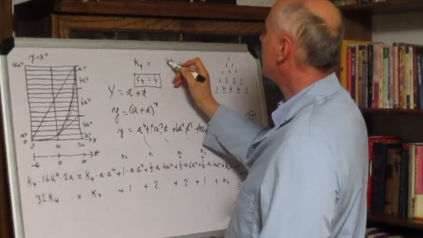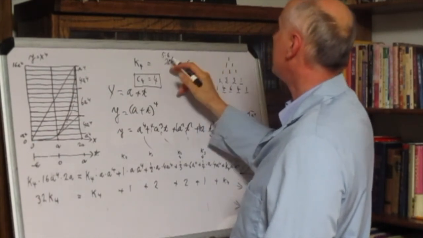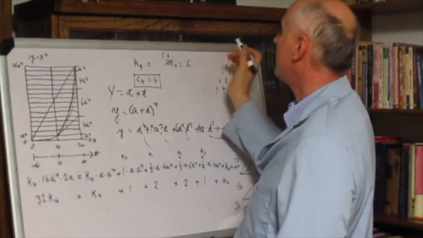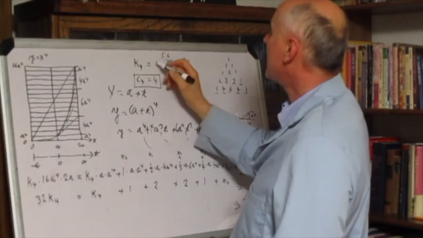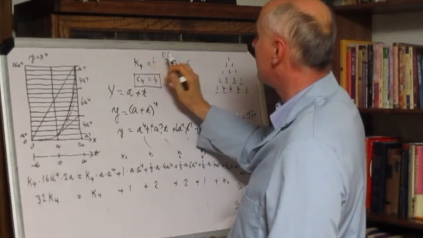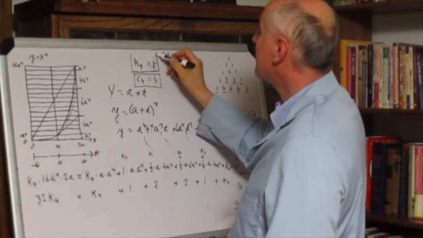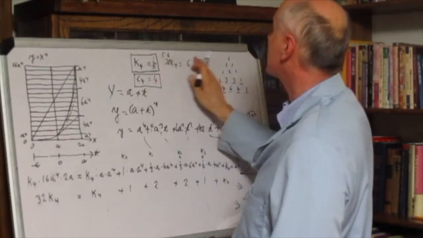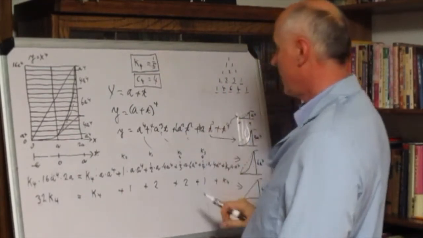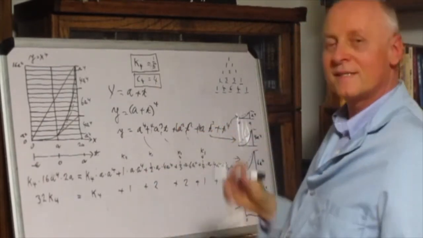Well, 30 is really 5 times 6, and look, the 6 will cancel out, you'll have a 1. So the whole thing is K4 is 1/5. 1/5, not 1/4. And that's expected, and that's even something that Cavalieri found himself. So there you have it. One equation, one unknown. K4 is 1/5.